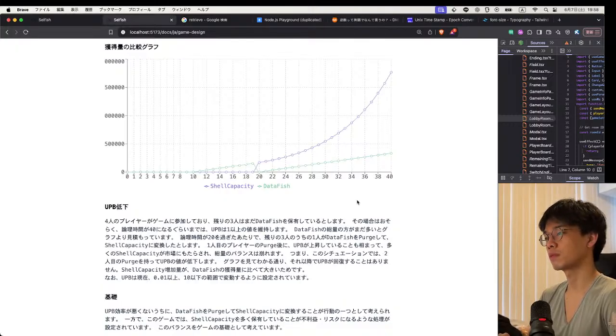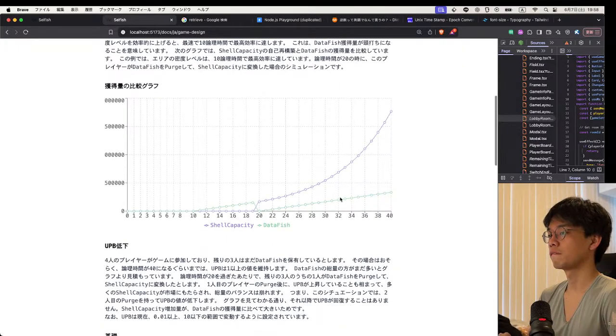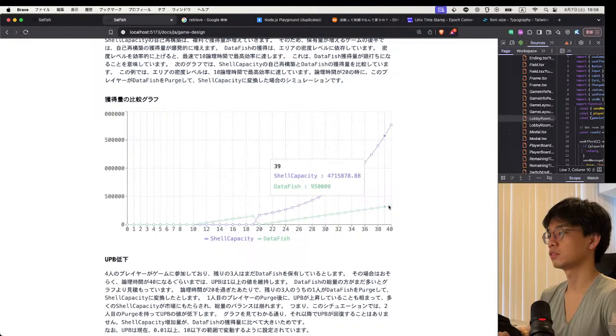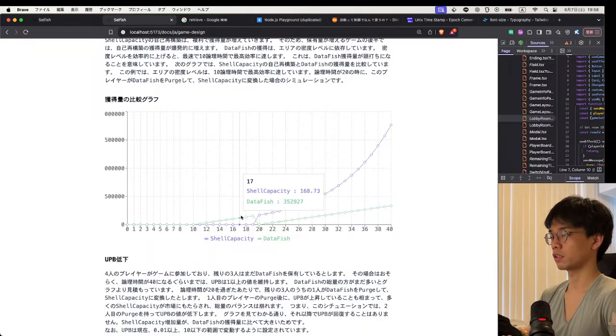UPB keeps over 1 until 40 logical time, because let's think about it. They still have data fish.